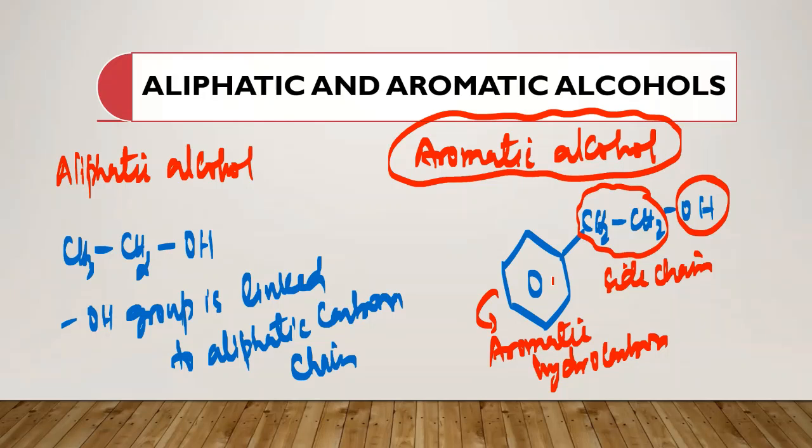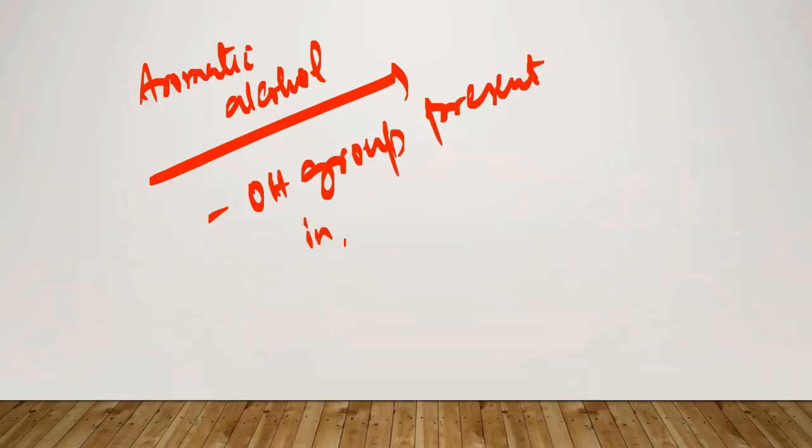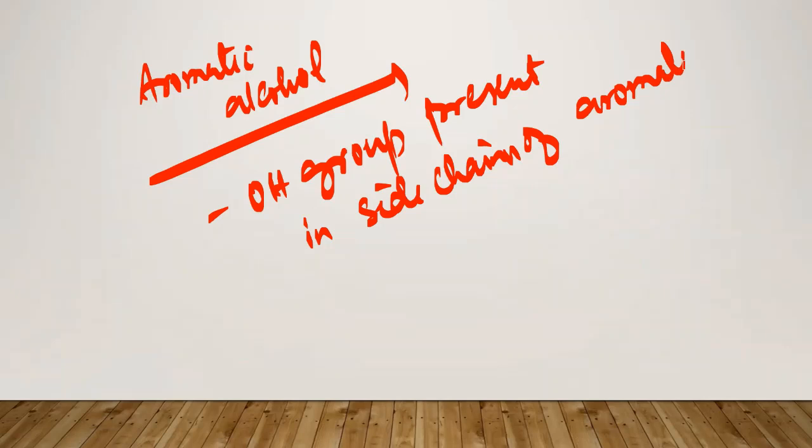So aromatic alcohol means the OH group present in the side chain of an aromatic hydrocarbon. Very simple thing it is.